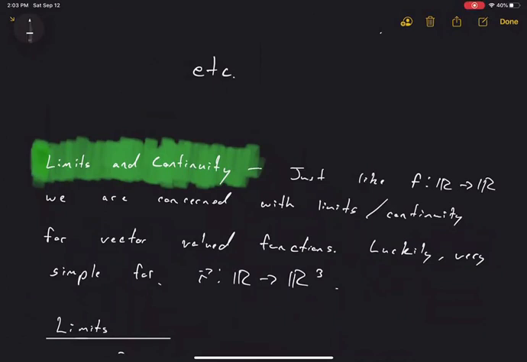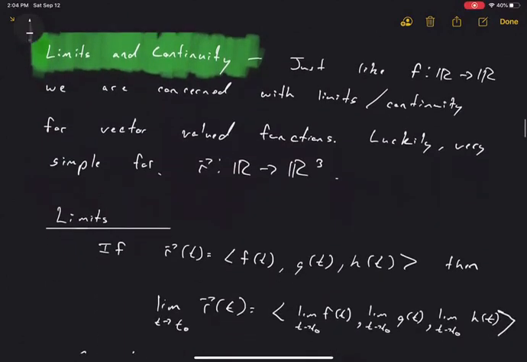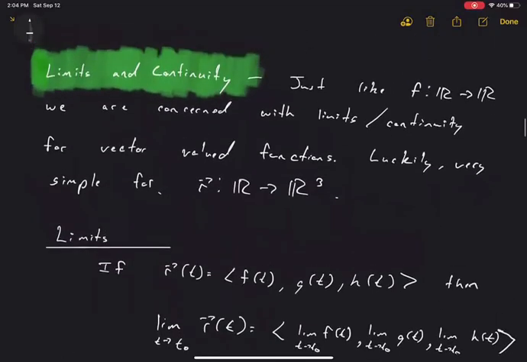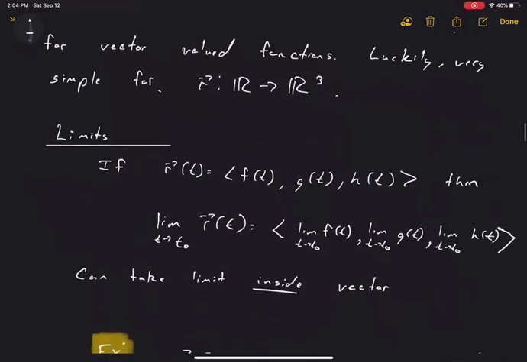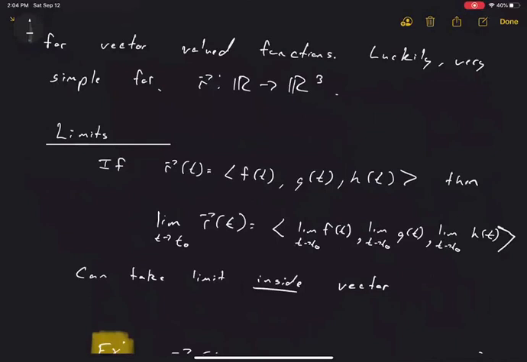Differentiation and integration maybe take a bit more of an adjustment, which is why we'll cover them a bit later. But in this section, we should just be able to cover these limits and continuity really quickly. So let's talk about limits first, because we can't do continuity without limits, right?